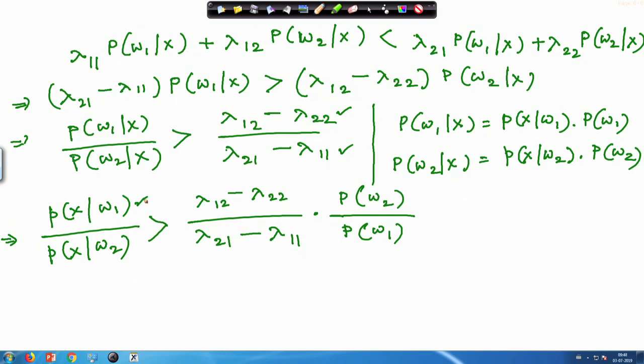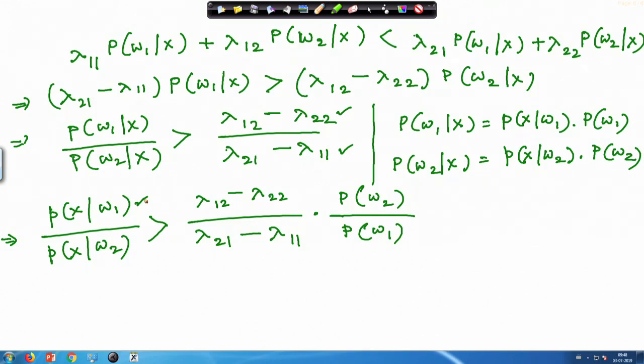So, in order to take an action in favor of class omega 1, p of x given omega 1 upon p of x given omega 2 has to be greater than (lambda 1 2 minus lambda 2 2) upon (lambda 2 1 minus lambda 1 1) into p of omega 2 upon p of omega 1. This condition has to be true for taking an action in favor of class omega 1, and that is what comes from the Bayes minimum risk classification rule.